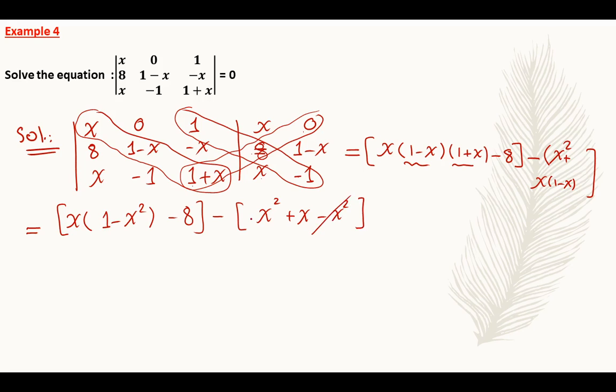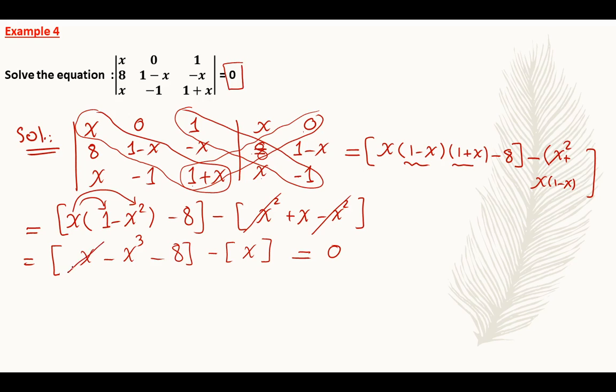So negative x square will cancel x square. Here we are going to multiply also x times 1 will be equal to x, x times negative x squared, it will be equal to negative x power of 3, minus 8 minus, here we have x. Okay, all of this will be equal to 0 because he tells us that this determinant equals 0.